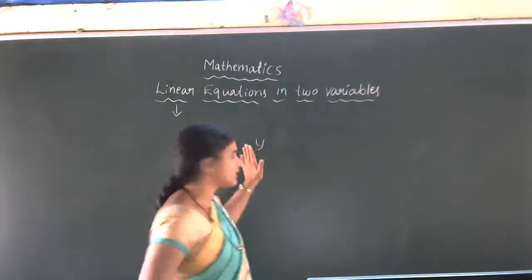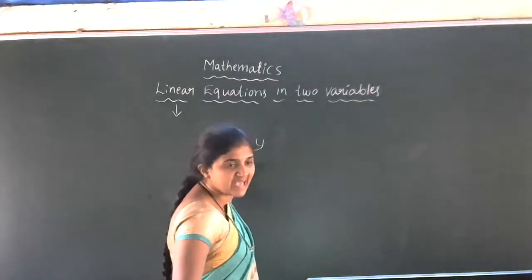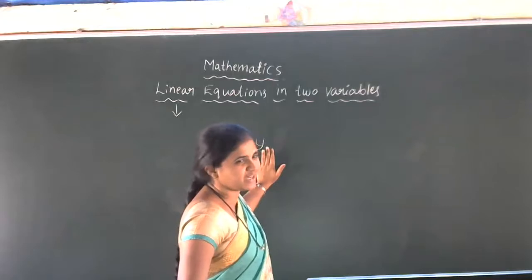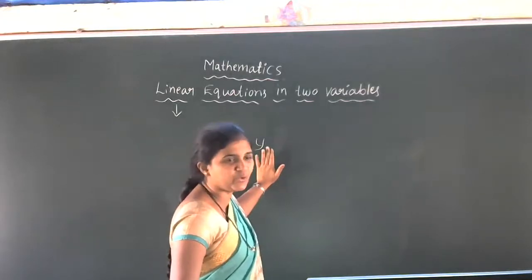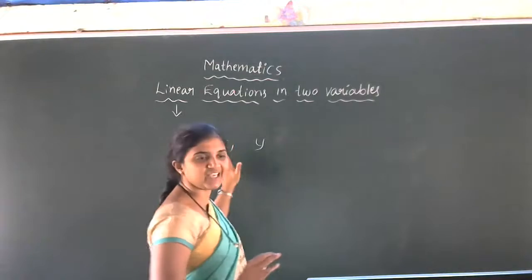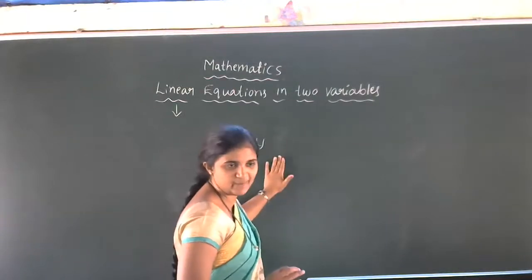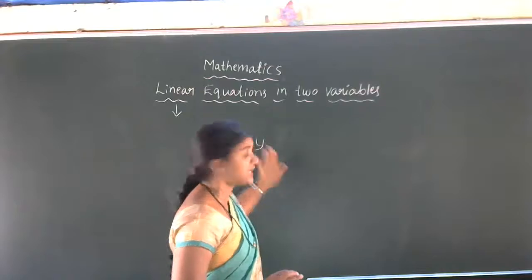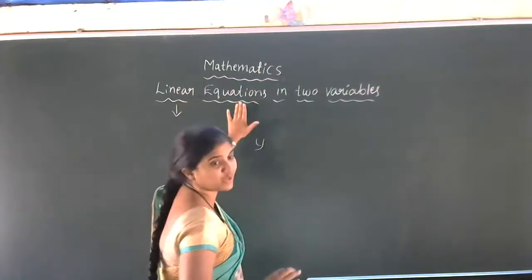That's why usually we will use the variables as x and y, or you can take t, s, or p, q. You can take any letters. Okay, so we are taking x and y here, for the variable place. So two variables. Now we have to write linear equations.